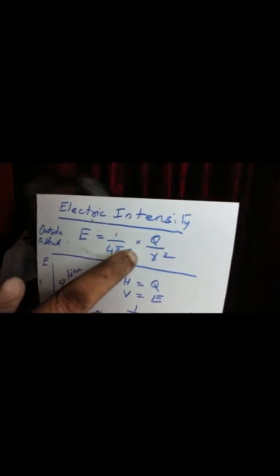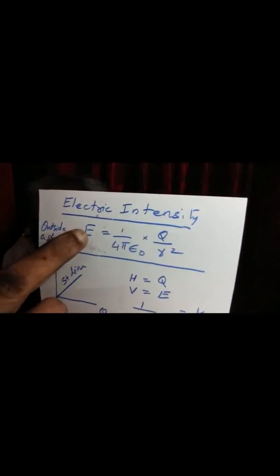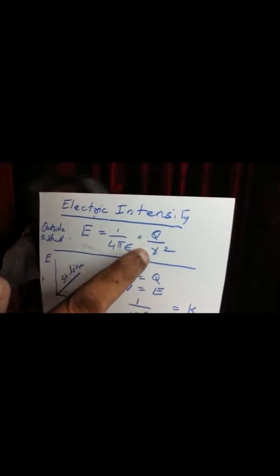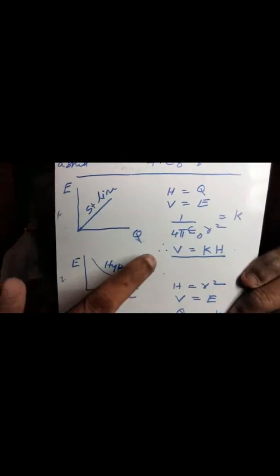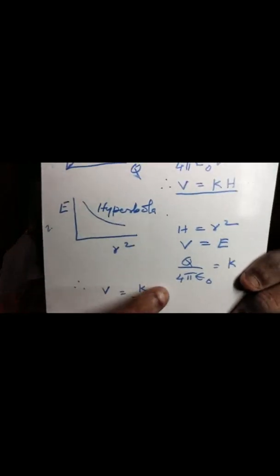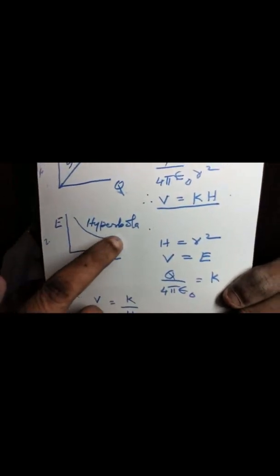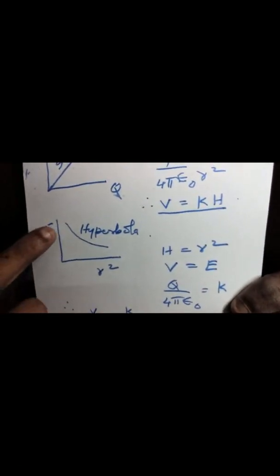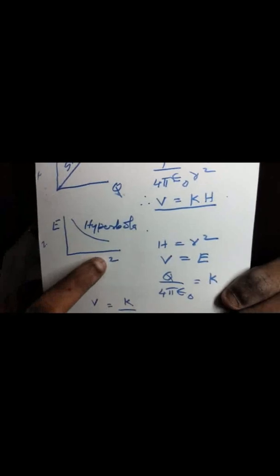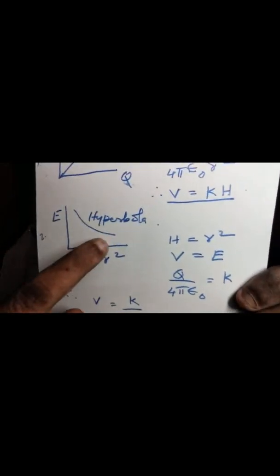These things are constants, K. So V equals K by H. That represents a rectangular hyperbola. That means E versus R square graph is a rectangular hyperbola.